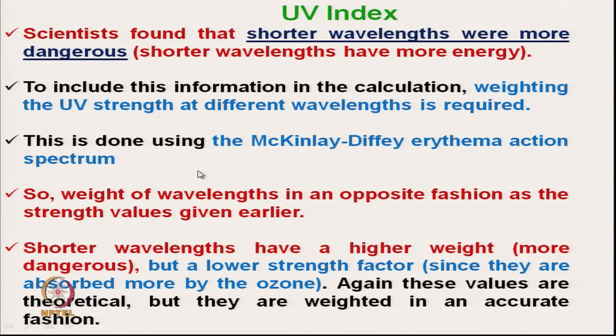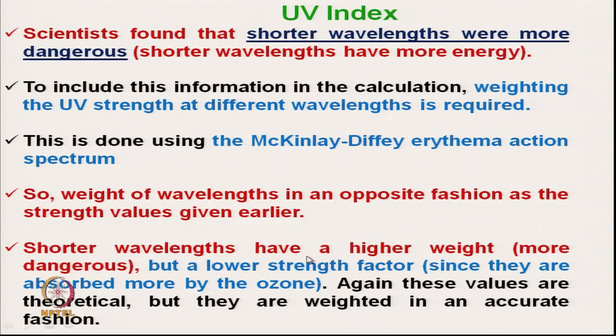This is done using the McKinley erythema action spectrum. So, this is the method. So, the weight of wavelengths is in an opposite proportion to that of the strength value.